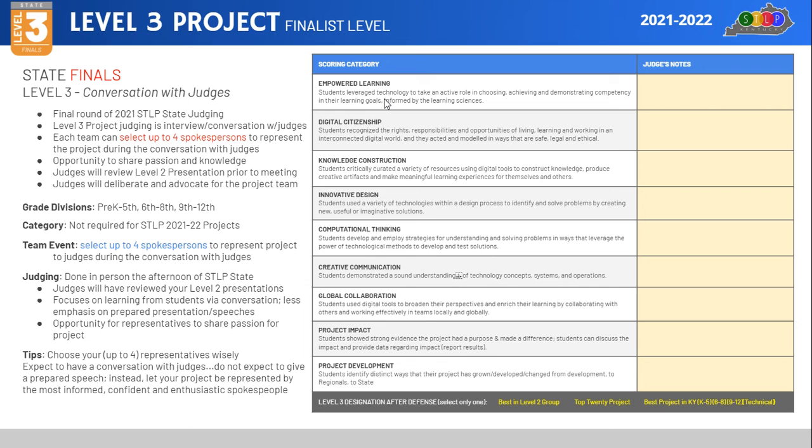So one team could actually win 2, but they try not to do that. If somebody wins best technology, they take the next. If somebody is the top level 3 project in their category, in their division, and they're also the best overall use of technology, then they pick another person from that category.